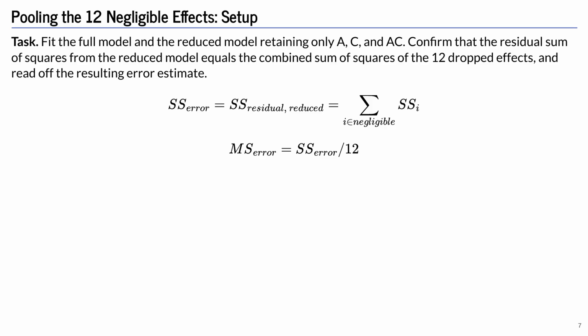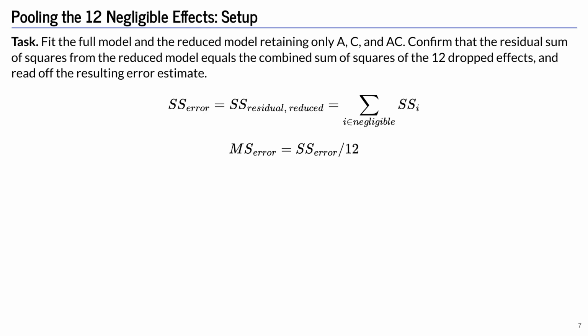Let me now set up the pooling calculation explicitly so you can see exactly what we are doing. We fit 2 models. The first is the full model with all 15 effects. The second is the reduced model retaining only temperature, reaction time, and their interaction. The residual sum of squares from the reduced model is the sum of the sums of squares for all 12 dropped effects.